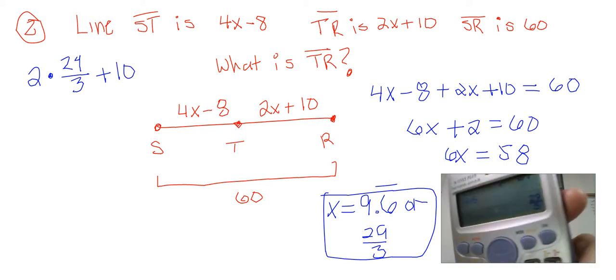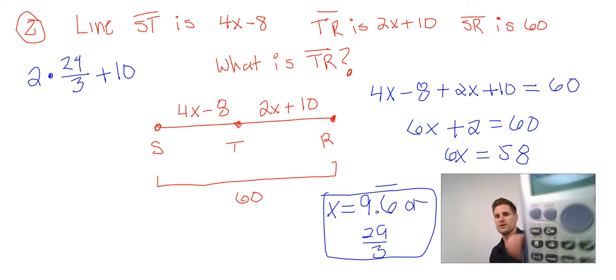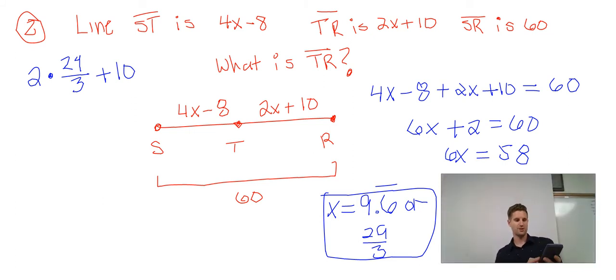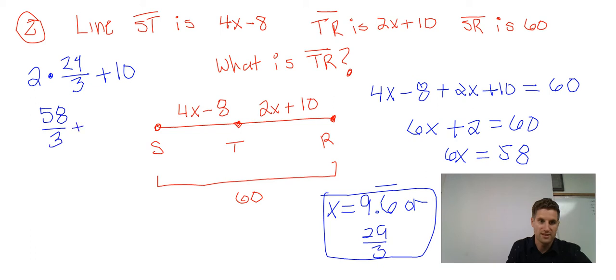Now, I have 29 over 3 in there already, so I'm just going to hit multiply by 2, and it's going to get me 58 over 3, because I'm doubling it, plus 10. And then we can put this over 1 and multiply top and bottom by 3.